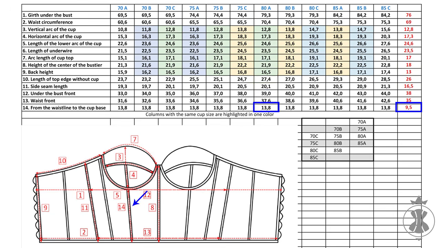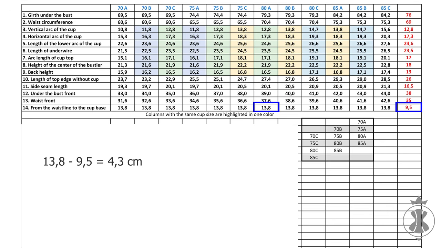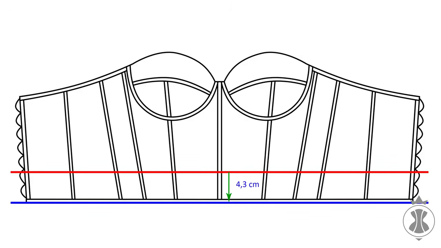The waistline to the bust line measurement is required to adjust the heights of all measurements. Let's calculate the value by which this measurement differs in the original pattern and the dress form. 13.8 minus 9.5 equals 4.3 centimeters. This difference means that the waistline is 4.3 centimeters lower on the original pattern.